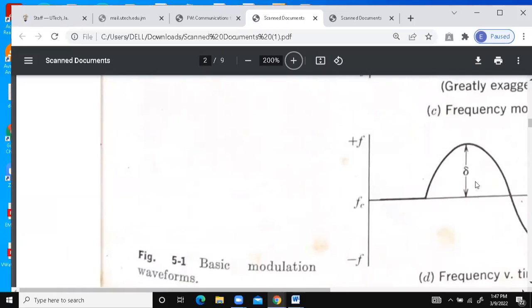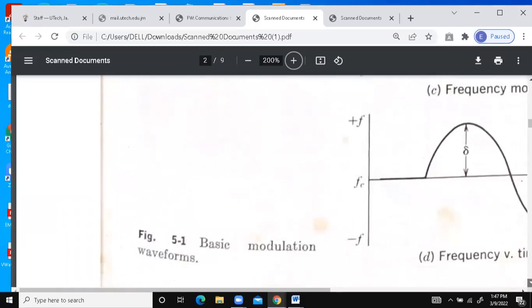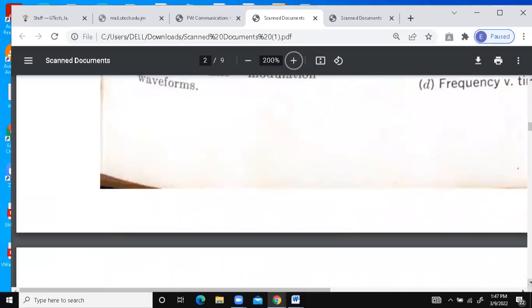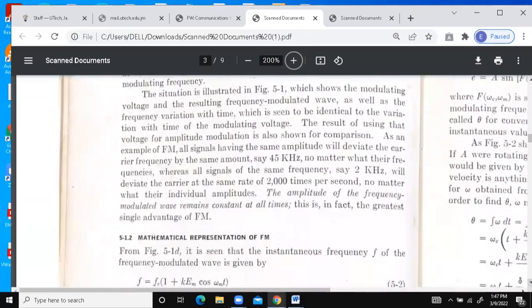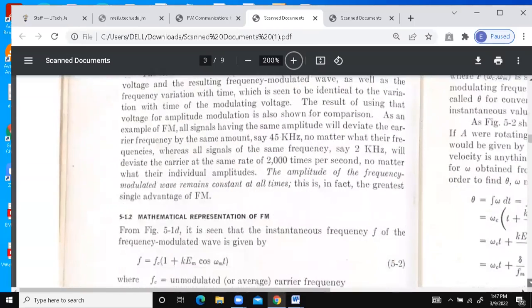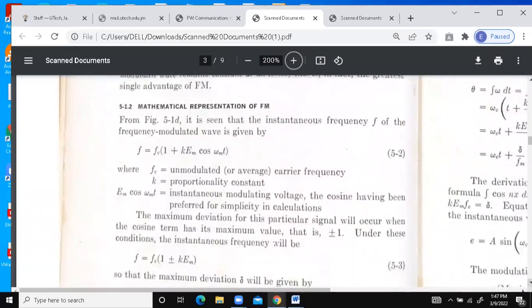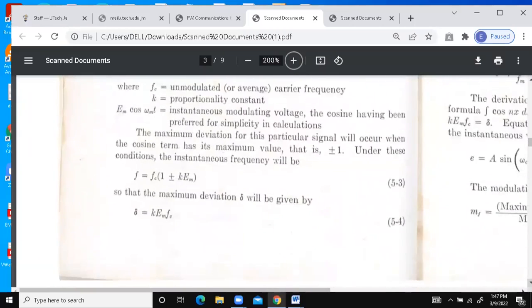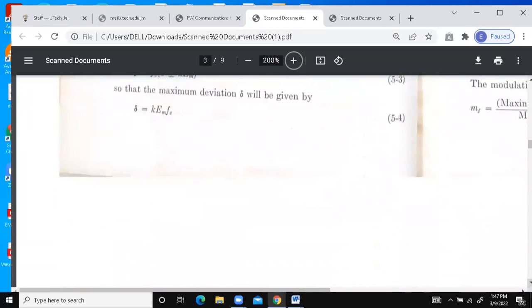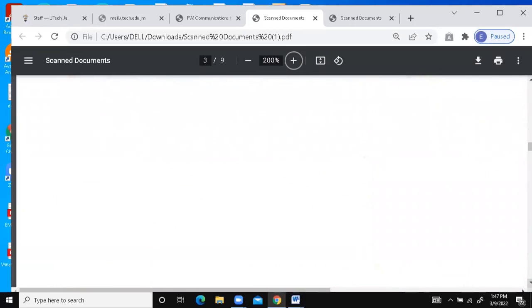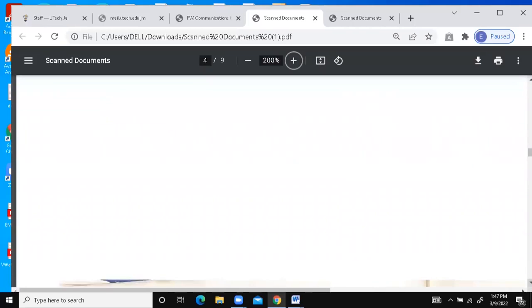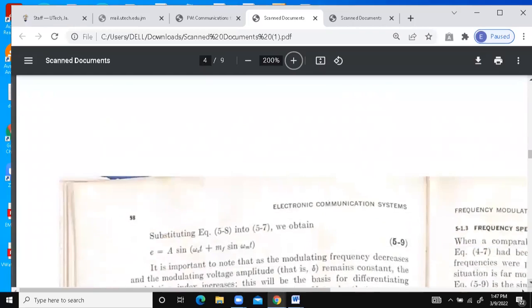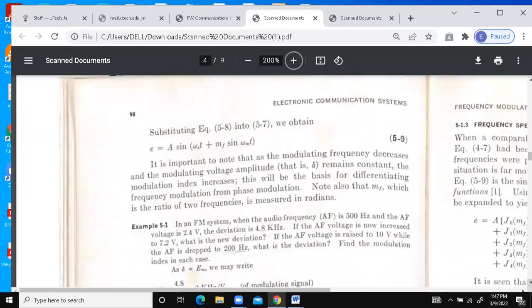That's proportional to your voltage. So how much do you get? With that little bit of information, what do you get? 14.4, sir.